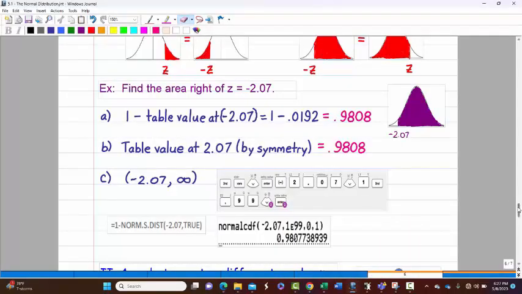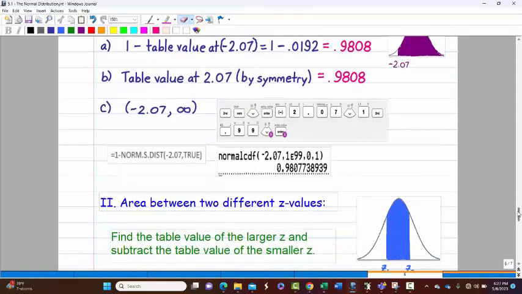Now here it is. For the calculator, I just put the keystrokes in here. Didn't need that, but may help. Greater than means you're going like this. Here, there's the interval written out.